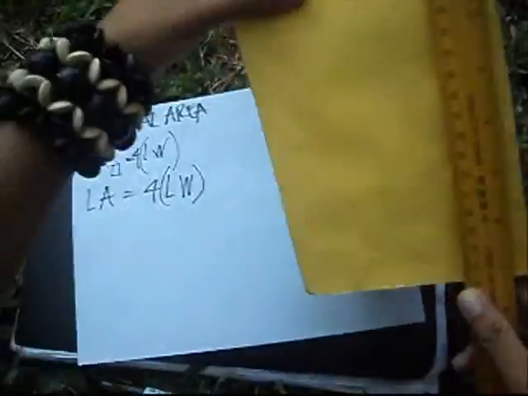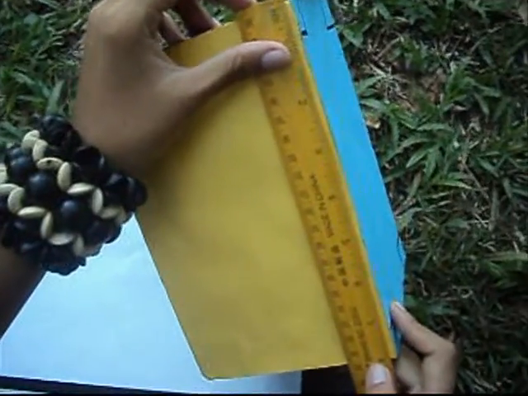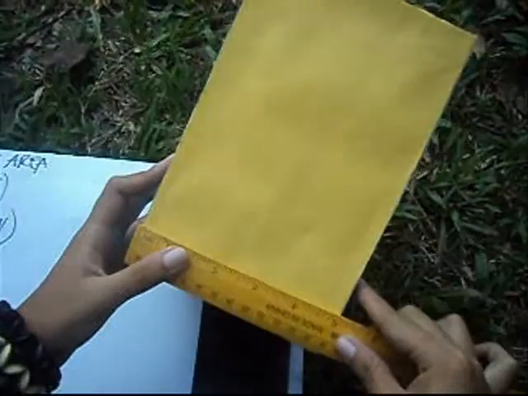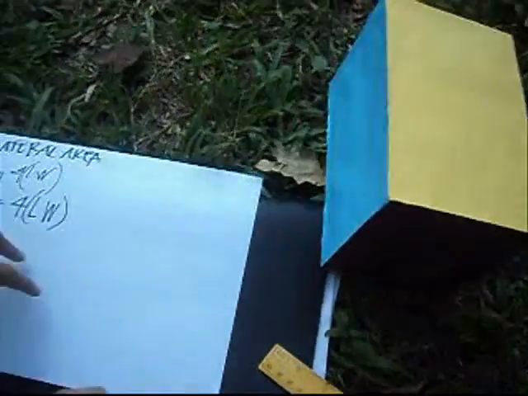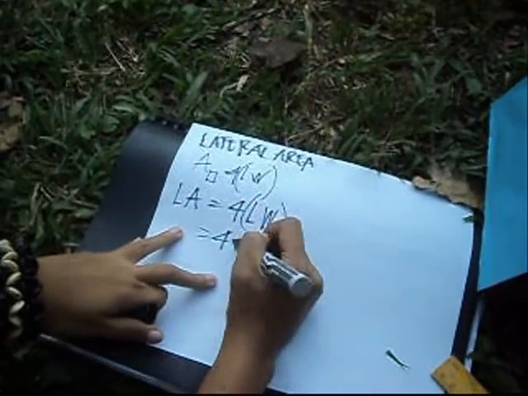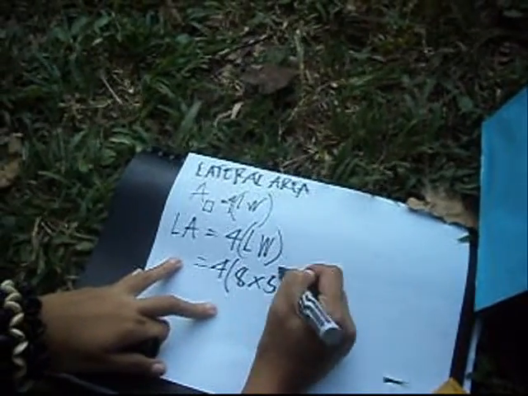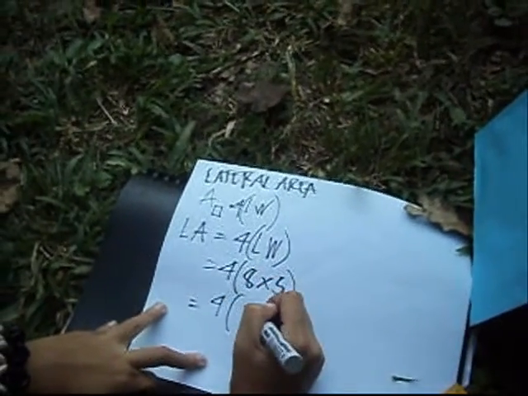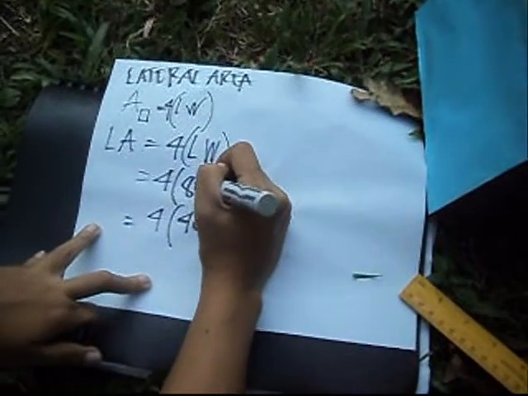The length of this face is 8 inches, and the width of this rectangle is 5 inches. So this will be 8 times 5, then 4 times 40 inches.